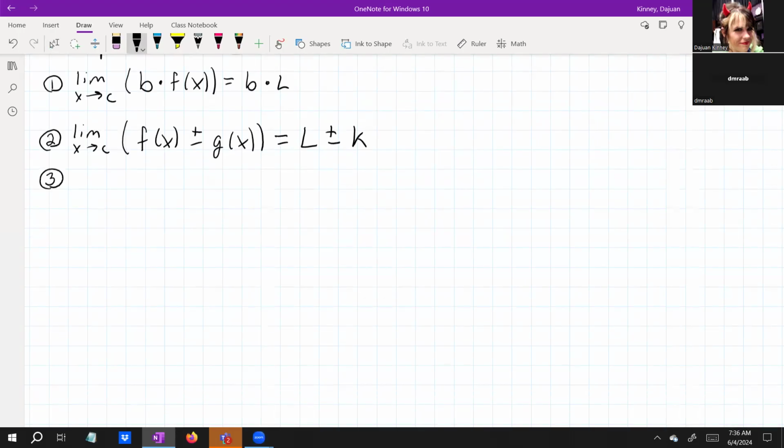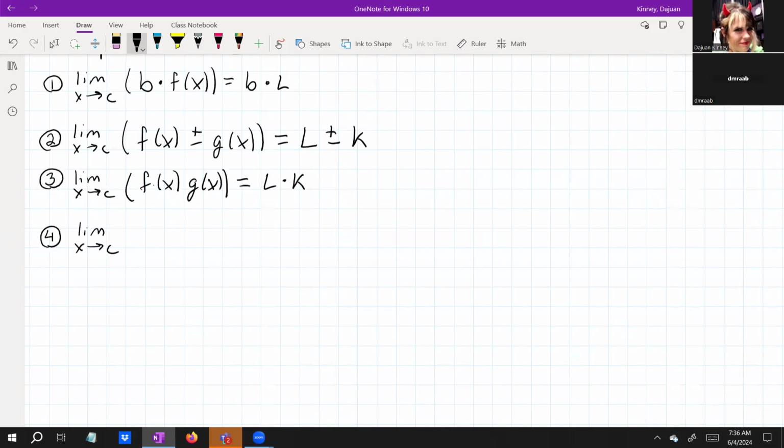I swear this will get smoother, or maybe it won't. Okay, if we're multiplying two functions, we multiply their limits. Again, works like you want it to.